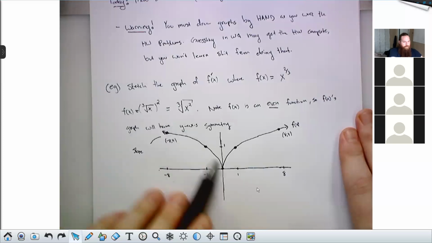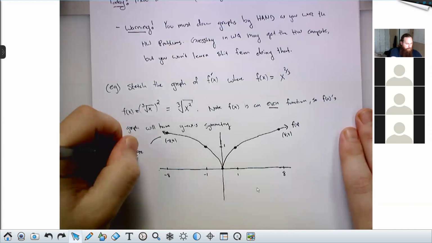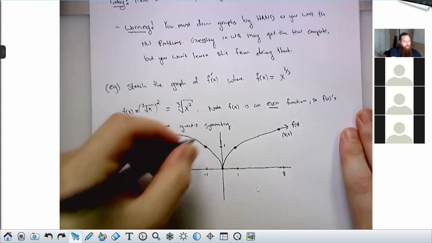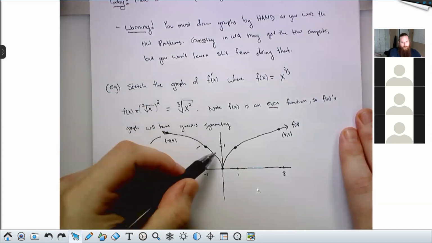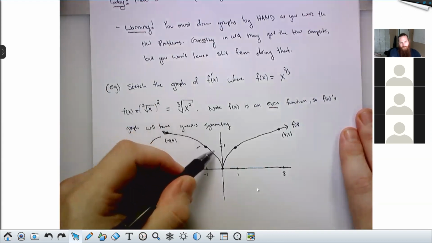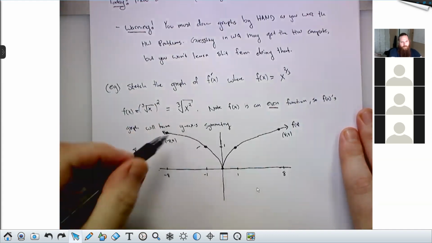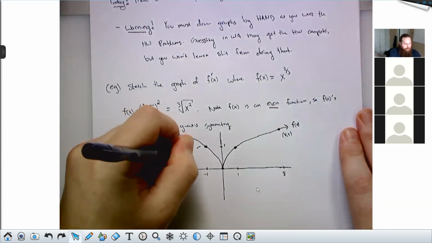Like a -1 slope would look like this, so this is maybe a -1/2 slope. Right here, this is like a -1 slope. It's sloped negatively because we're going down as we go to the right, and it's more steep than it is over here. We can estimate that slope to be like -1.